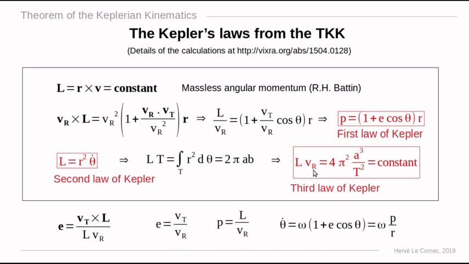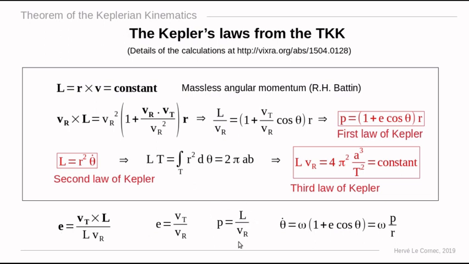The parameters of the conic defined in the first law here are given by this expression. Here is the eccentricity as a scalar and as a vector, and you can understand now why Vt is always perpendicular to the main axis of the ellipse.